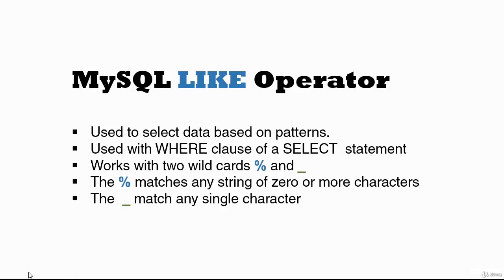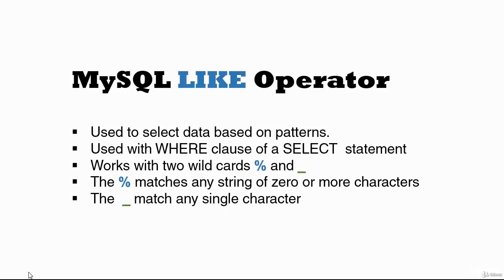The like operator is used in combination with the where clause. So when you use the like operator, you specify it after the where clause. The like operator also works with 2 wildcards. They are the percent and the underscore.